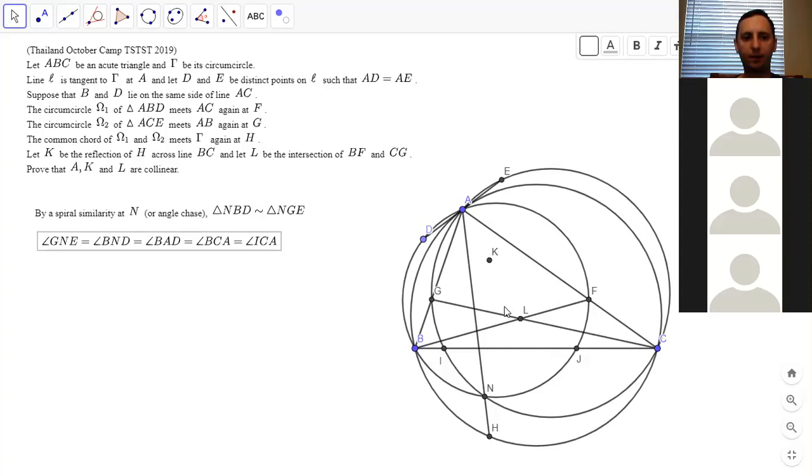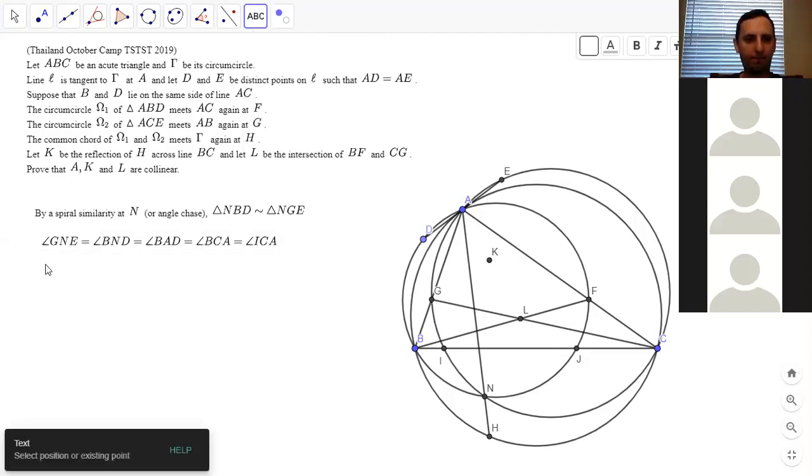So what do we do from there? I forgot what the next step was. So arc AI will be equal to arc GE. Oh, okay. So arc AI is arc GE. So arc GI will be equal to arc AE.